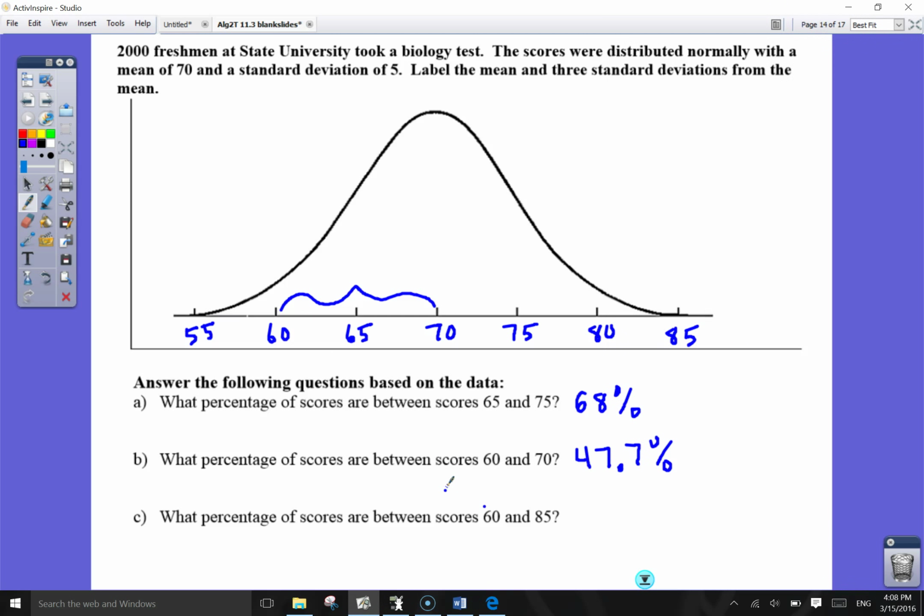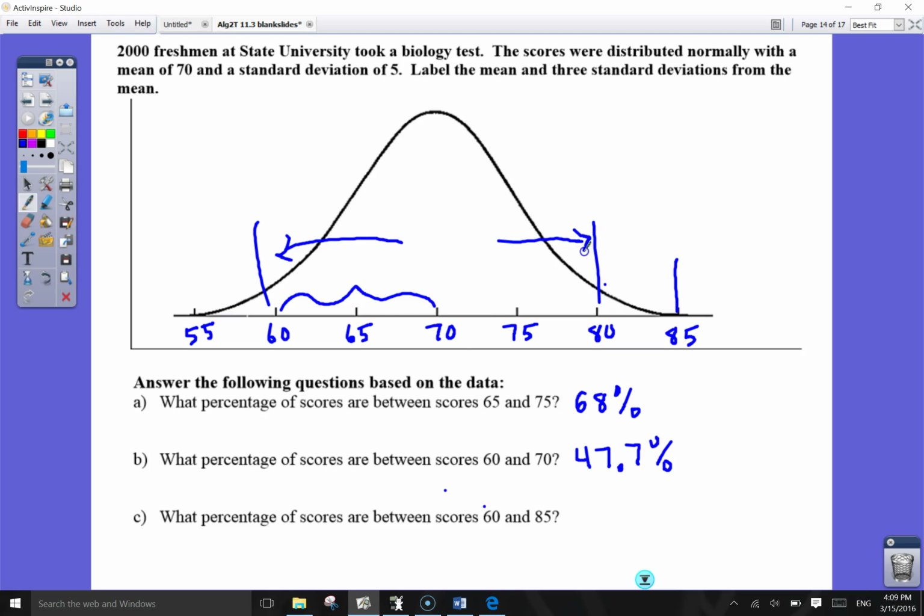Okay, last one. Scores between 60 and 85%. So 60 to 85. Right, so now we got to be going back to the empirical rule. If we don't remember it, well, I could say between 60 and 80, that's 2 standard deviations to either side. How much is it? Right, that was 95 point something percent.